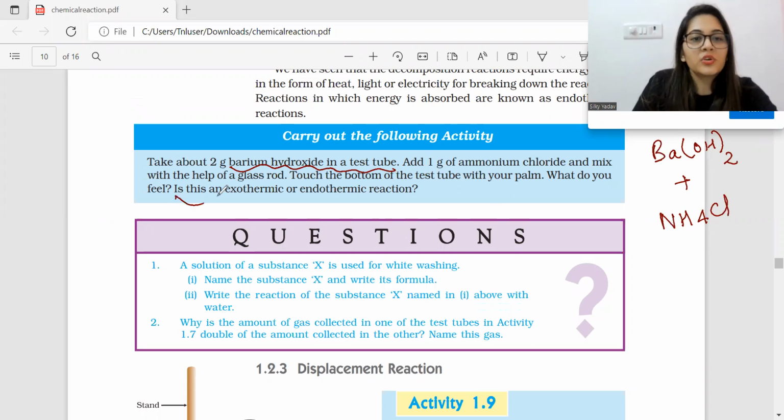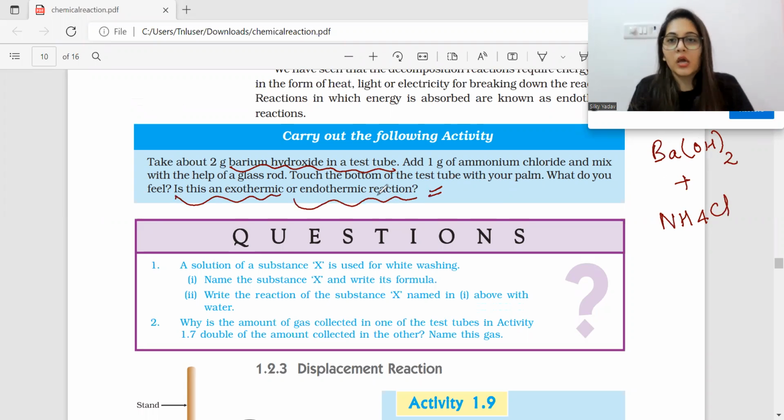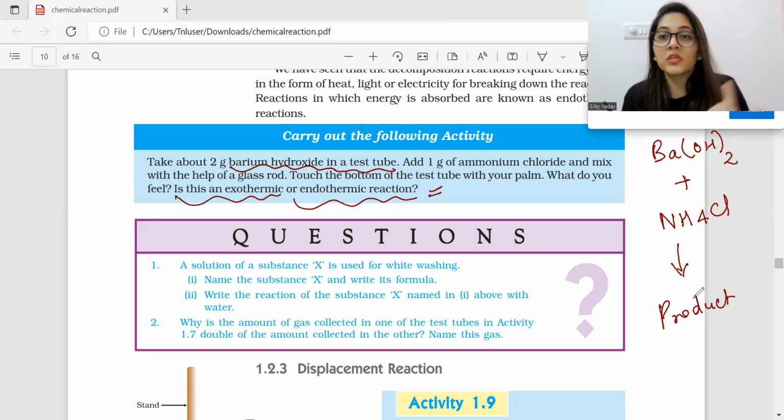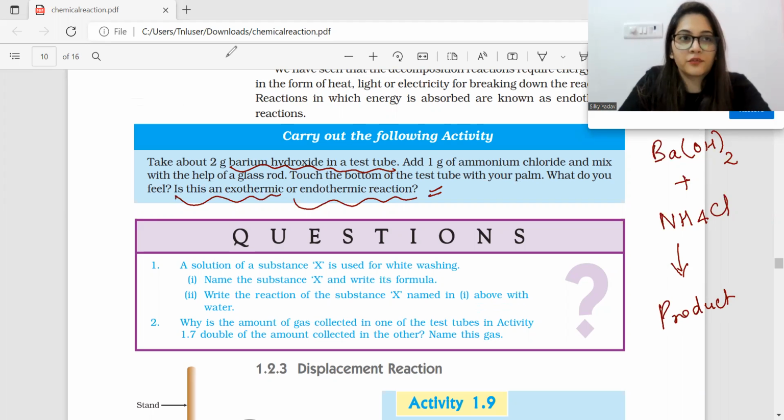What do you feel? Is this an exothermic or endothermic reaction? You all have to do this by yourself, because you've done all types of reaction. Just try to do it. If you are not able to, I will help you. Just tell me the product of this reaction, and also tell me whether the test tube feels cool or hot. Otherwise, we will do it in the in-text question, and at that time I will help you with this.